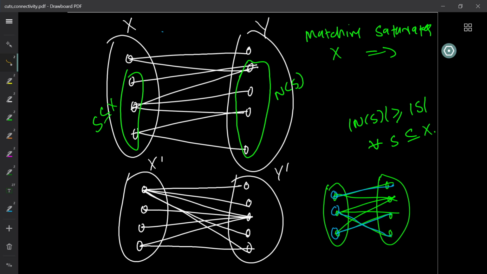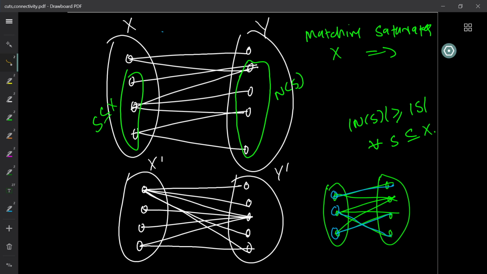So the cardinality of the neighborhood of S is at least the cardinality of S for every subset of X, if X is saturated by some matching. This is immediate, because there is a one-to-one correspondence, and if you pick any subset, you will have at least that many neighbors.